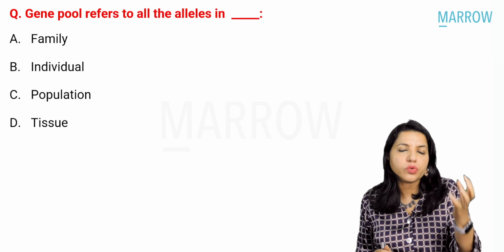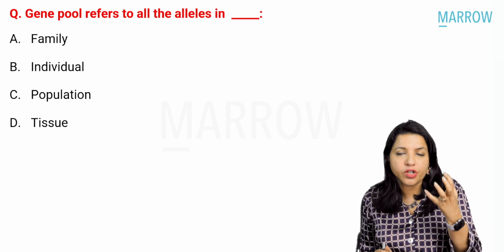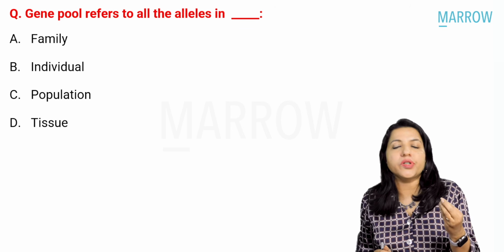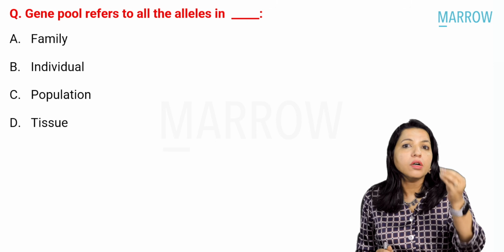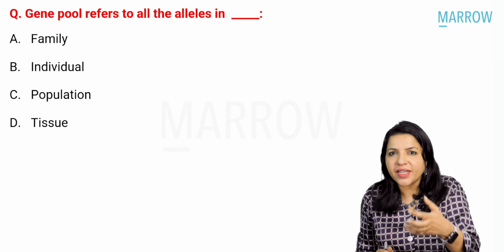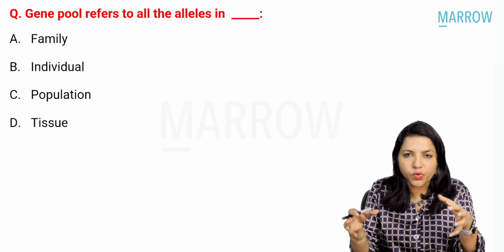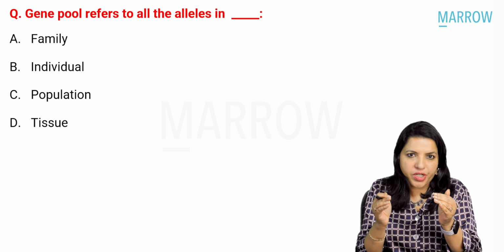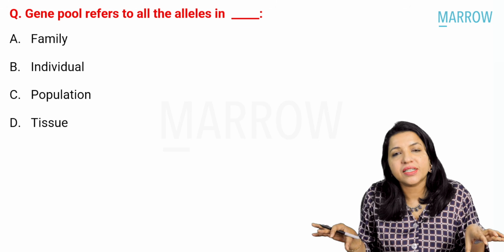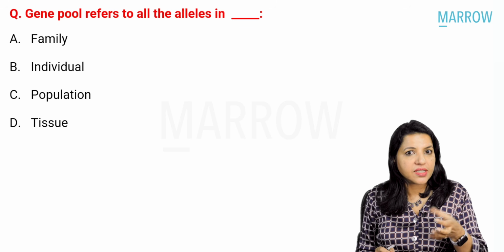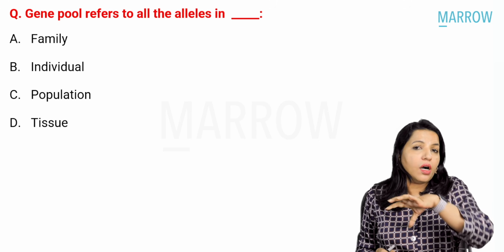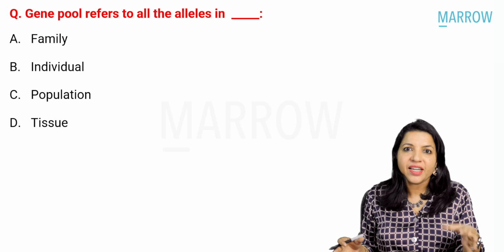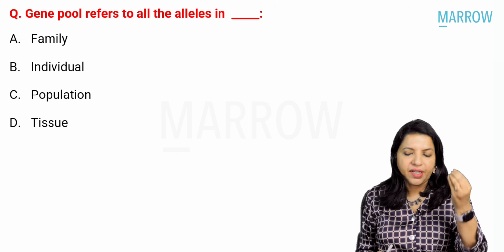So if we want to make a pool that has genetic diversity, it should be from a population. If we take alleles from an inbreeding population, then we won't get that genetic diversity. Whereas if we take it from a population, we can guarantee genetic diversity.